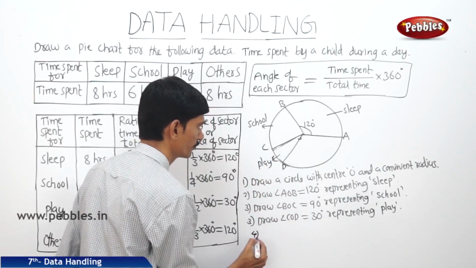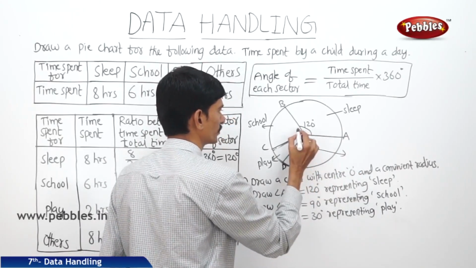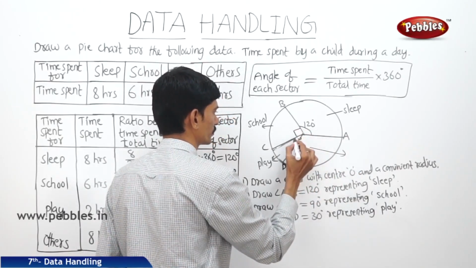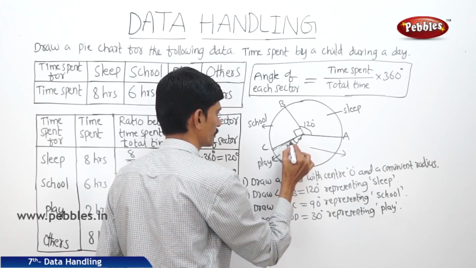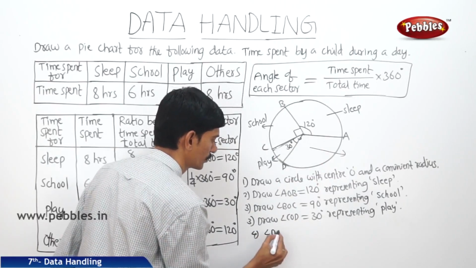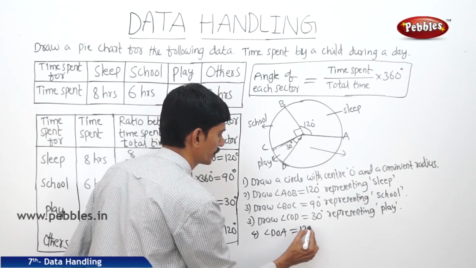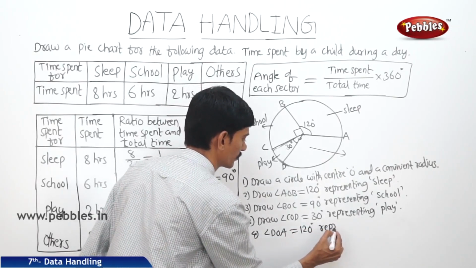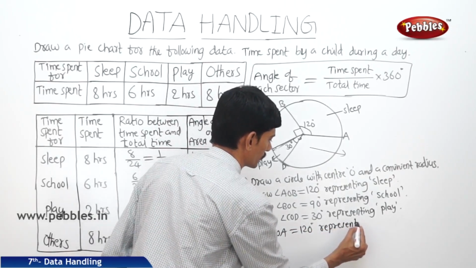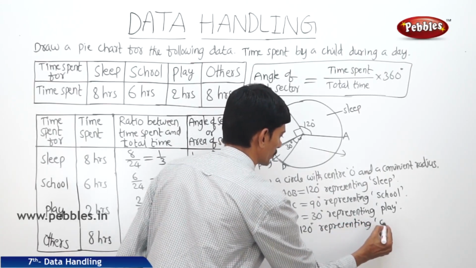Then automatically the fourth angle DOA, so this is 90 degrees, this is 30 degrees, and automatically this angle DOA equals 120 degrees, representing others.